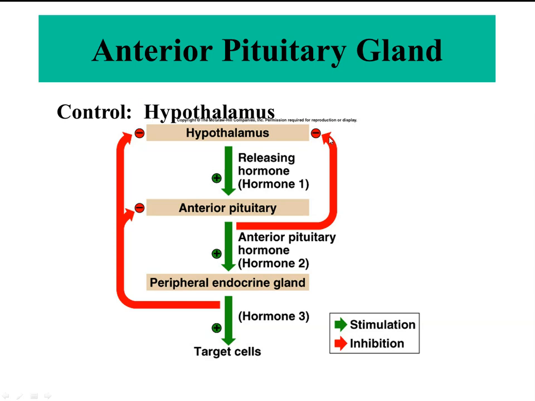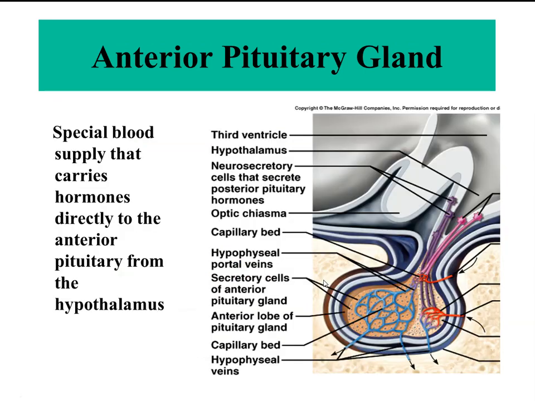So if it's inhibiting, then the anterior pituitary will not release a hormone to the peripheral endocrine gland or directly to the target cells. If it is stimulating, then it will, all carried by the bloodstream.